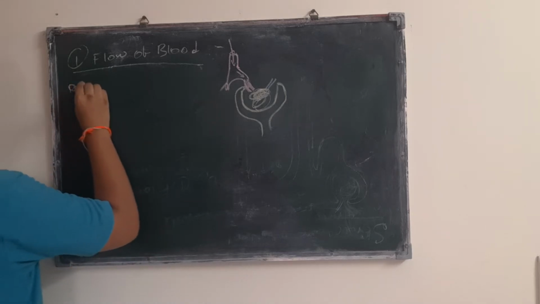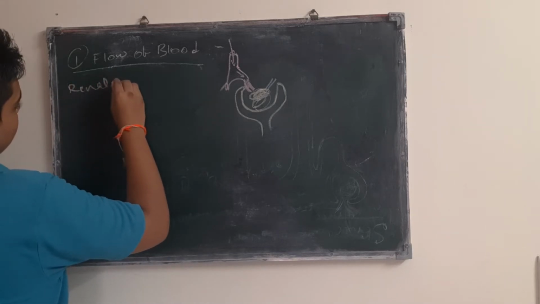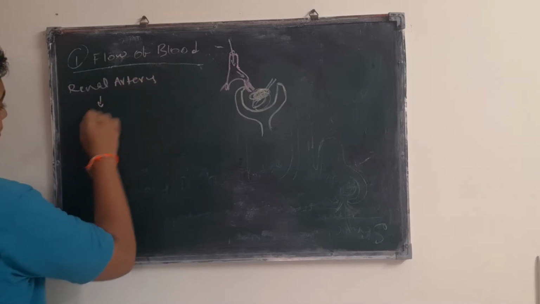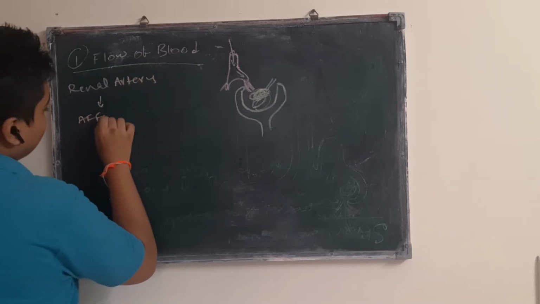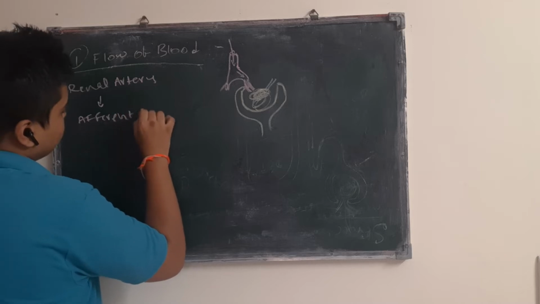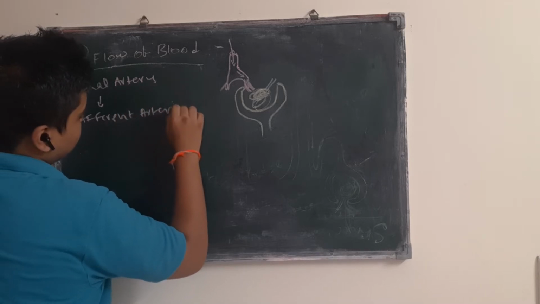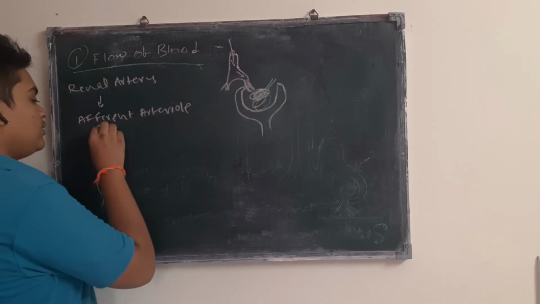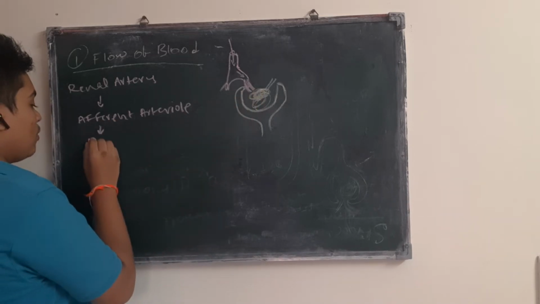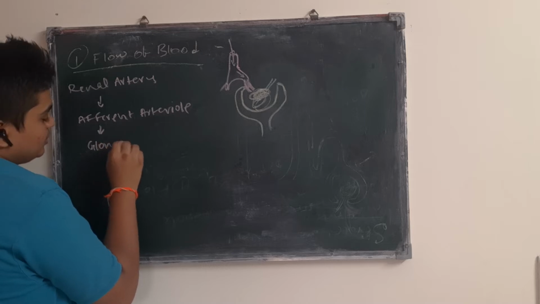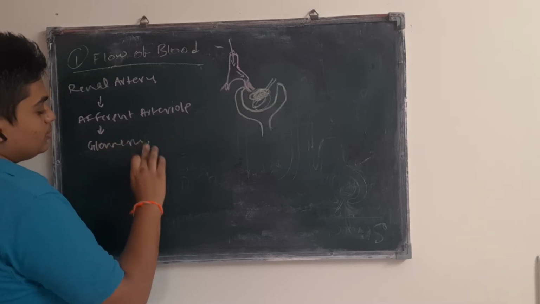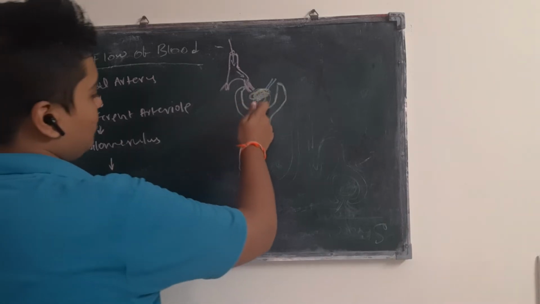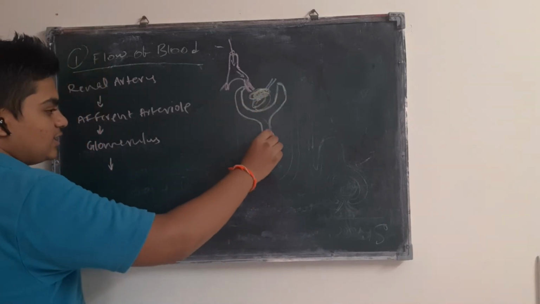Now first renal artery, sorry, then afferent arteriole, okay, afferent arteriole, then it enters the glomerulus. In the glomerulus primary urine is formed and it is sent down.